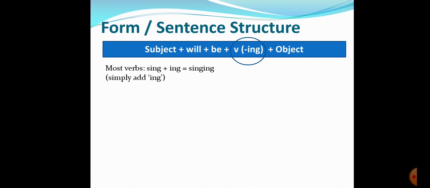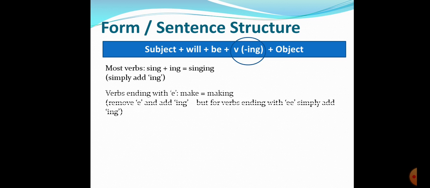Mostly, with most of the words we just simply add ing to make it continuous. I have already covered this, I am just revising again. So remember all the rules once again. Sing plus ing becomes singing. Then with the verbs ending with e, what do we do, students?